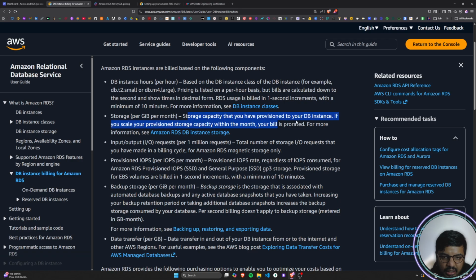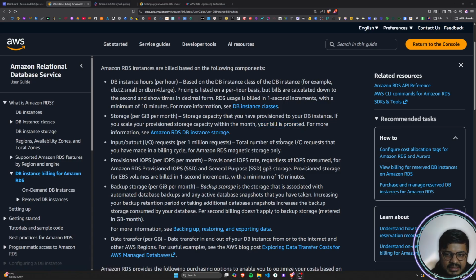Let's suppose you are storing 100 GB or maybe 1000 GB of data on your database instance.